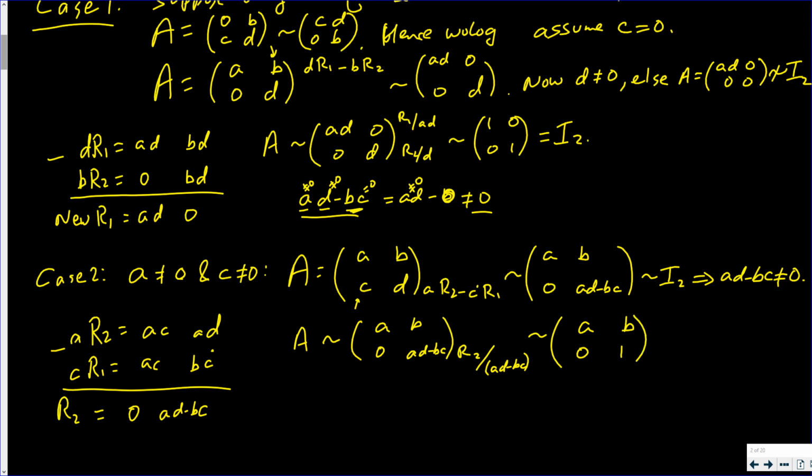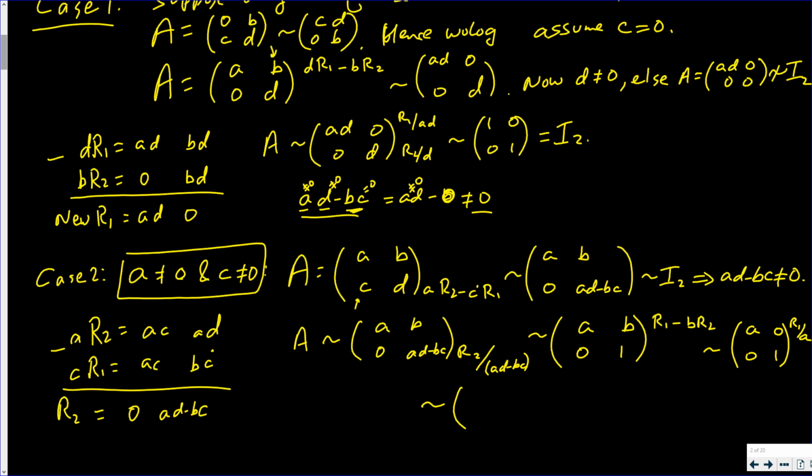And then I can knock off the B. I can take row 1 and just subtract off B times row 2. That's going to give me A, 0, 0, 1. And then if I divide row 1 by A, and we said A and C are not 0, what I get is 1, 0, 0, 1, which is row equivalent to I2.